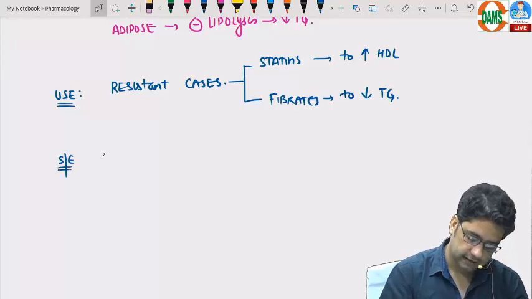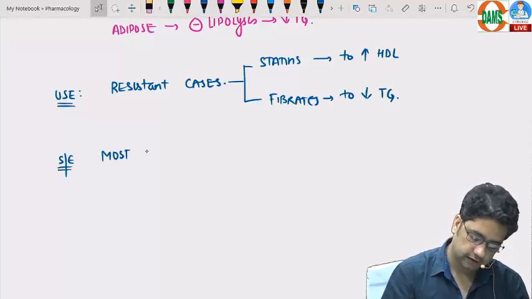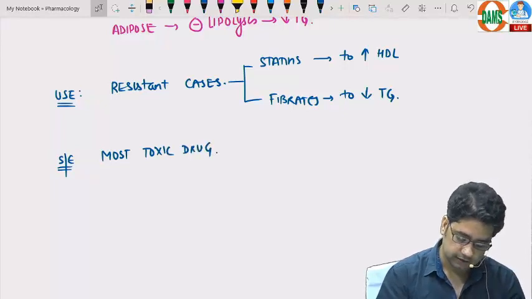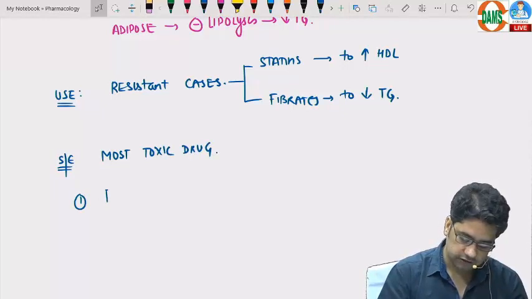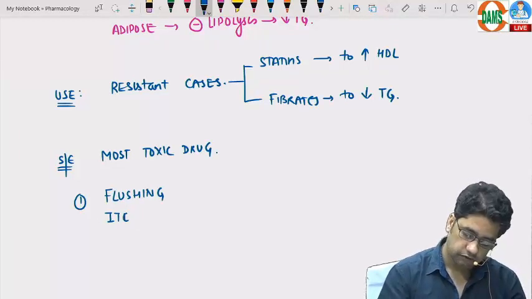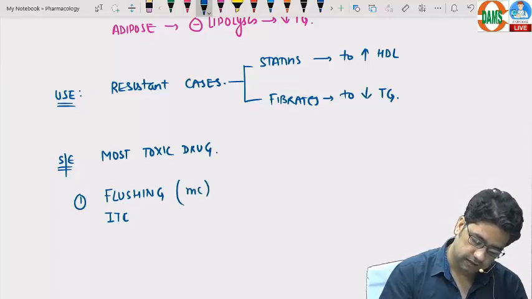You'll write niacin is the most toxic drug. Let's write the side effects. First is flushing, itching. Flushing is the most common side effect of niacin.